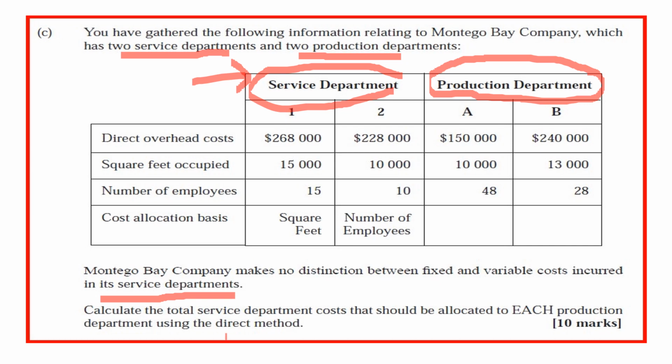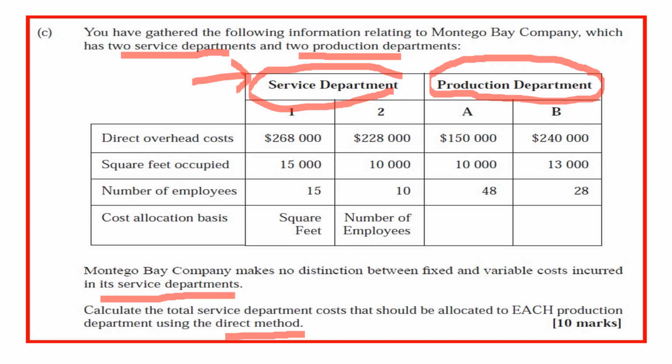This is another thing now, the direct method. The direct method pays no attention to the relationship between these two departments, whether they provide a service for one another, and therefore some of the cost of this should be apportioned to this.